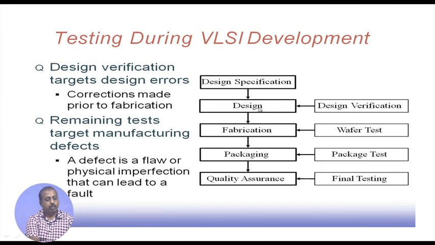Now, at this point of time, what is the guarantee that the functionality that I had specified here has been translated properly into this? A typical example: suppose I want to design a counter. When I am writing the specification of the counter, if it is, say, a mod 16 counter, then we can write down a behavior that count equals 0, and for i equal to 1 to 15, count equals count plus 1.